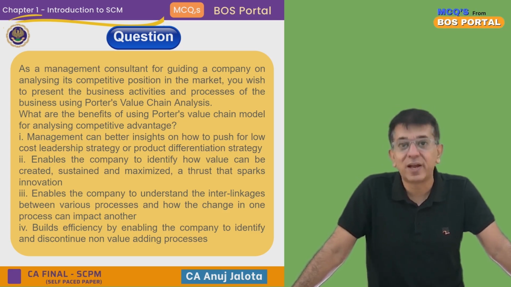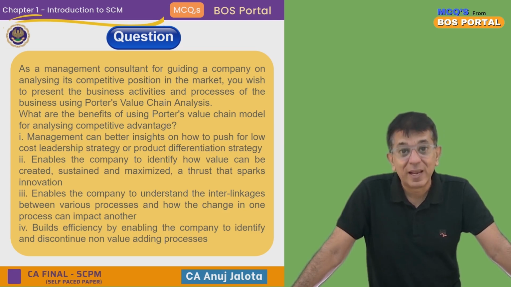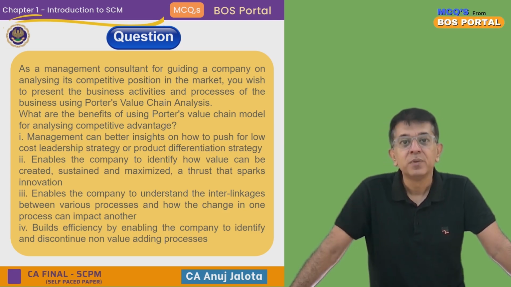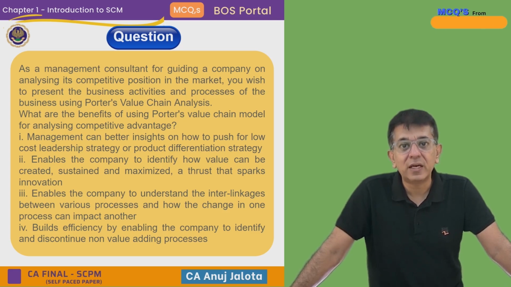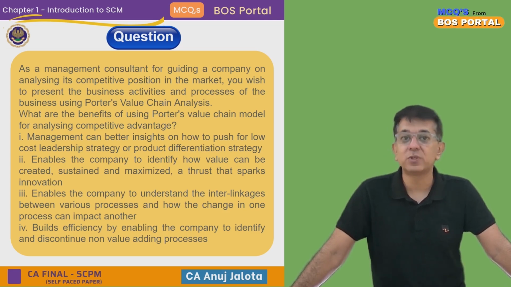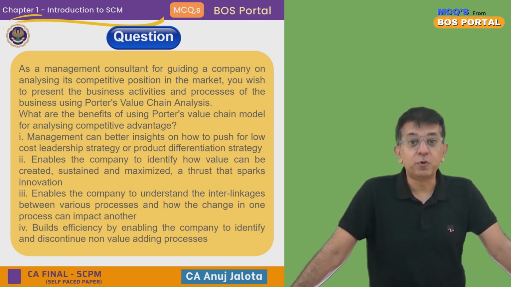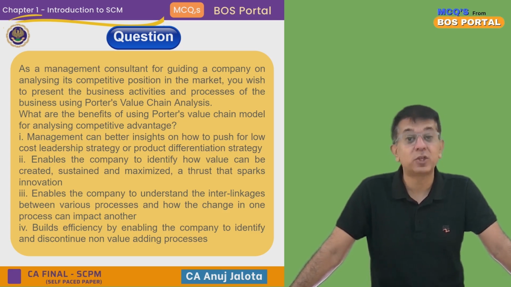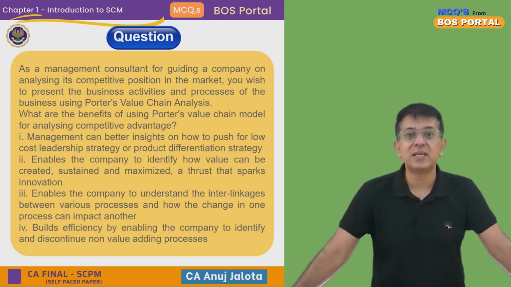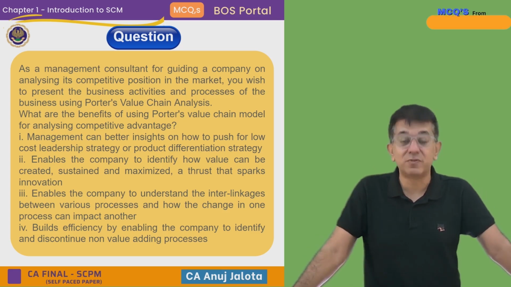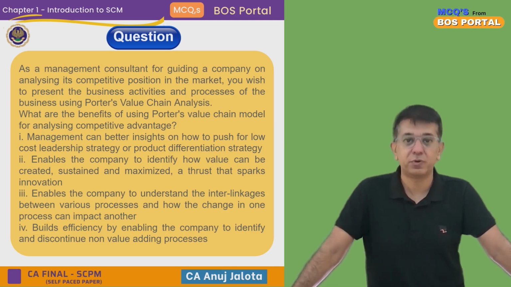But by doing the value chain, by identifying value-added and non-value-added activities, you come to know whether we should try to eliminate those activities that do not add value, and focus on those which actually add value. So we always say that a company should try to do only those activities which add value from the consumer's point of view.